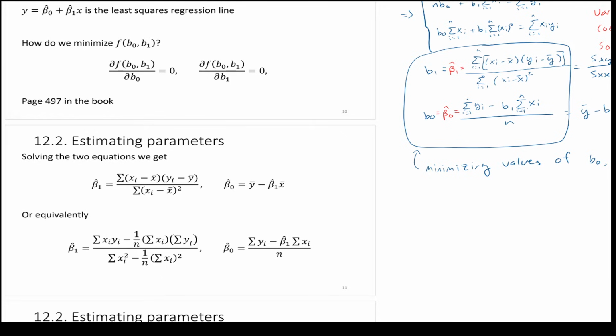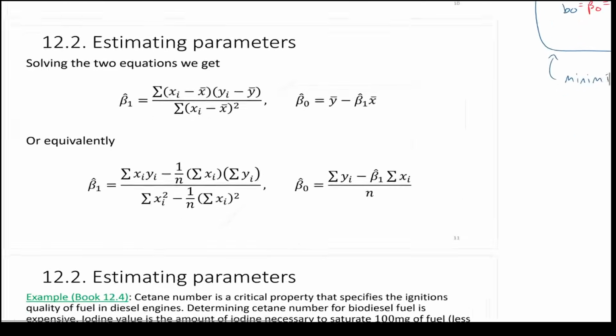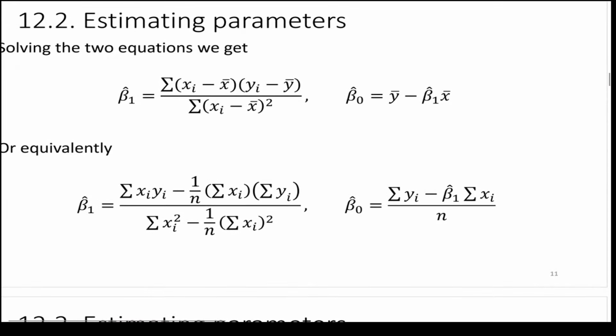So we'll pause for a second, see if there are any questions. So there's actually an easier formula for these two, right?